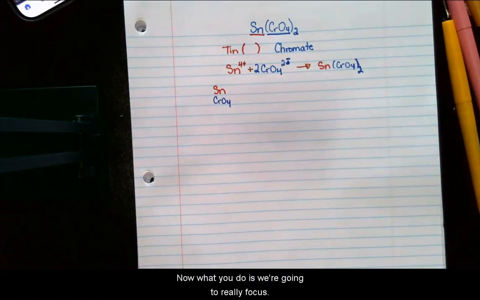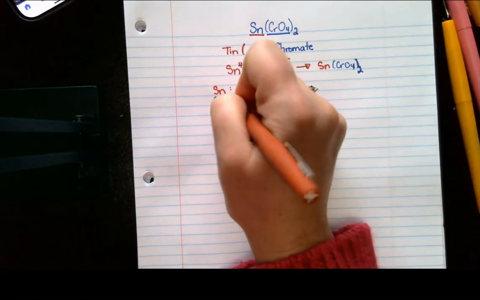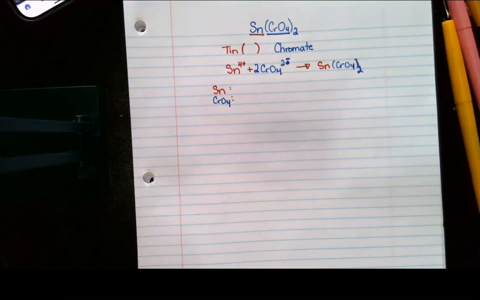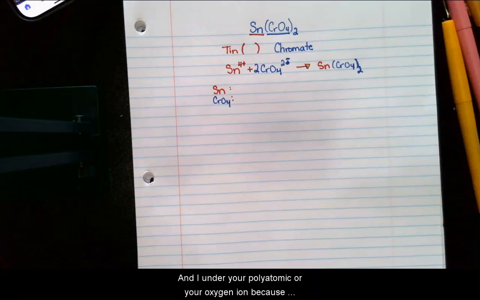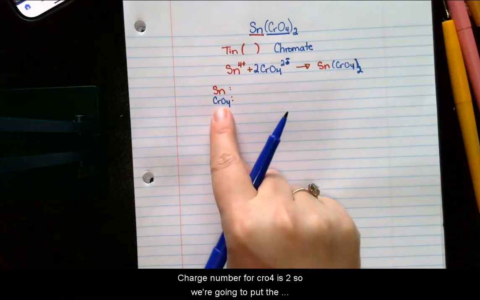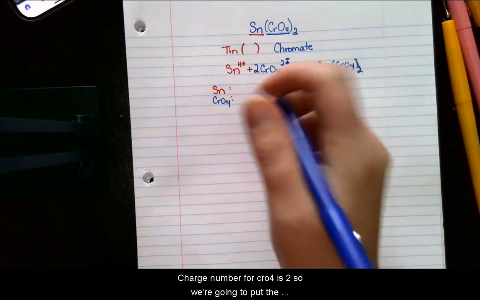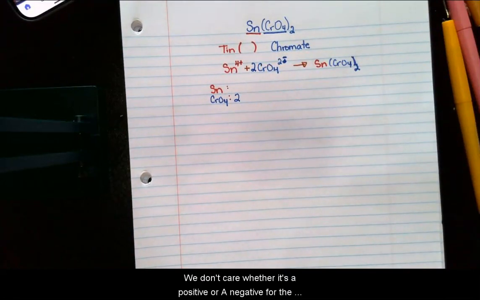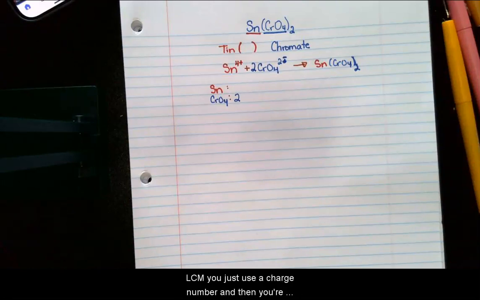Now we're going to really focus on the negative anion, or your polyatomic or oxyanion, because those charges never change. They're static. Our charge number for CrO4 is 2, so we put the charge number first. Remember, we don't care whether it's positive or negative for the LCM. You just use the charge number.